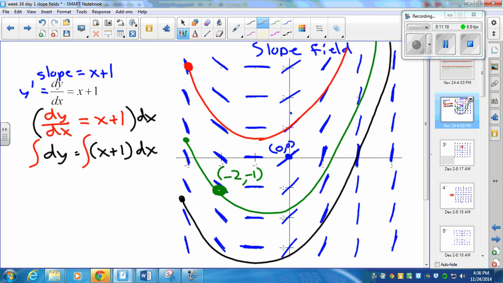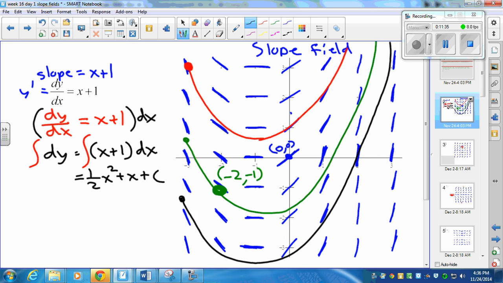Now that right side should look very familiar to you, where it's the integral of something dx. That's what you've been doing integrals about the whole year. And you can just integrate that very directly. That's going to be 1/2 x squared plus x plus c. Now the left side, you're more used to having dx's, and this one has a dy, but you can do it.